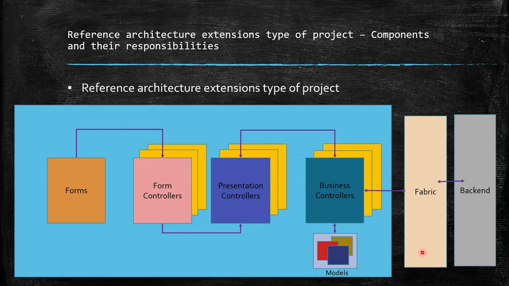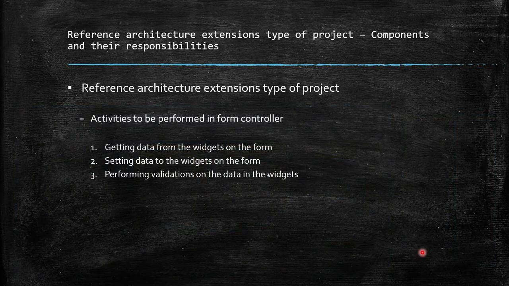Now let us look at the responsibilities of each of these components in the reference architecture extensions type of project. The activities you can perform in a form controller component are getting the data from the widgets on the form, setting the data to the widgets on the form, and performing validations on the data entered in the widgets.